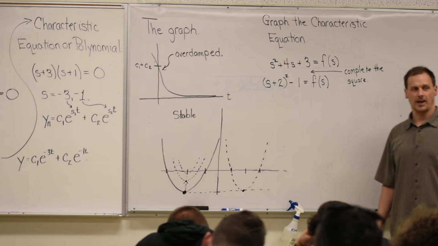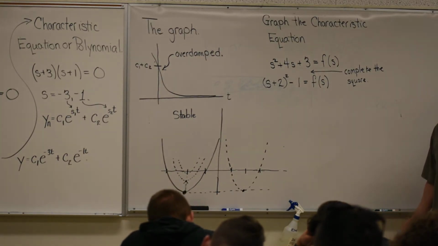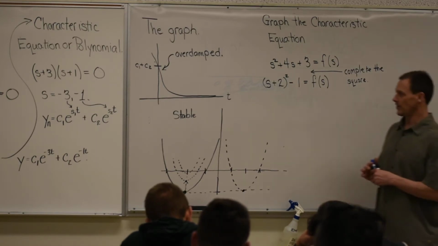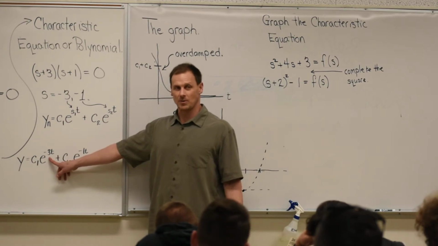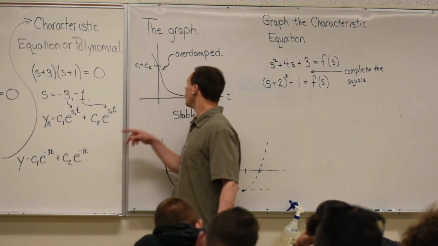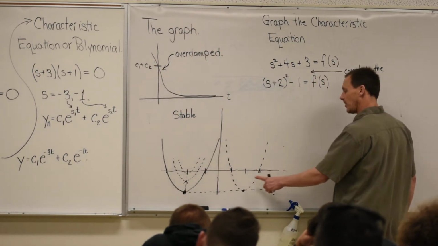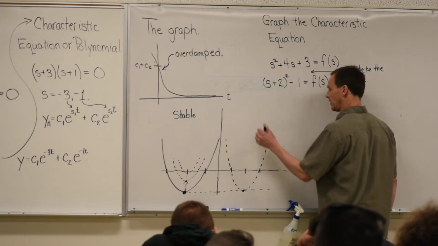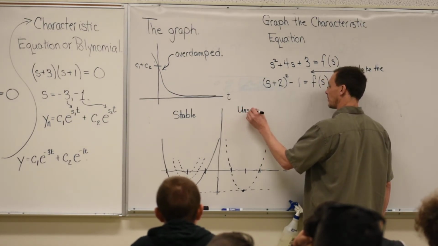What kind of roots would I have? I have two positive real roots. So if all of a sudden this was a 1 and this was a 3, what would the solution be? Yeah, it would just go poof, like that. Exactly. So this kind of a system, if you have two positive real roots, this is going to be an unstable solution.